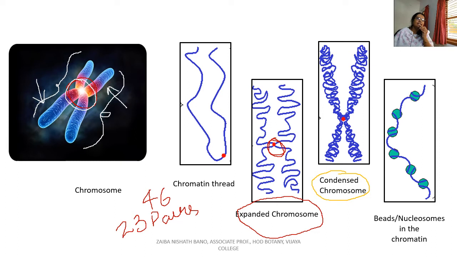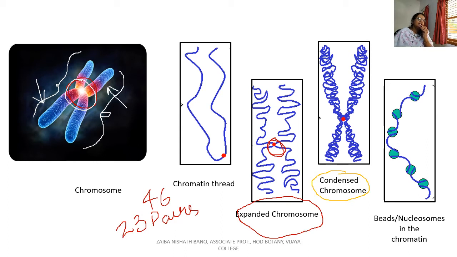Once they are highly condensed, you get these chromatids. A chromatid is nothing but a condensed chromatin thread. Am I clear now? The condensed chromosome has two chromatids, as you can see here. These two chromatids have very highly condensed chromatin thread-like structures.